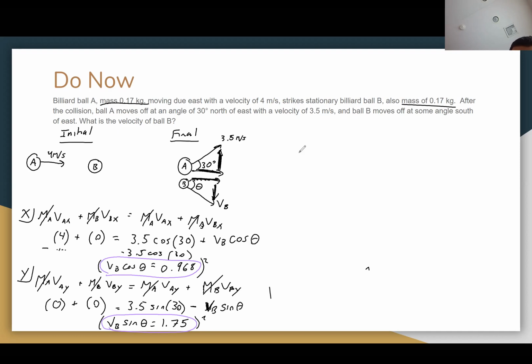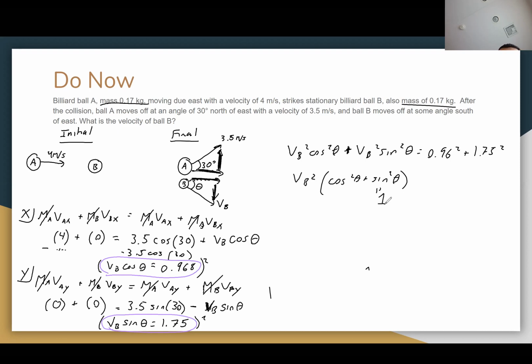So when we do that, we get VB squared times the cosine squared of theta plus VB squared times the sine squared of theta is equal to 0.96 squared plus 1.75 squared. If we factor out VB squared, the cosine squared theta plus sine squared theta is equal to 1.